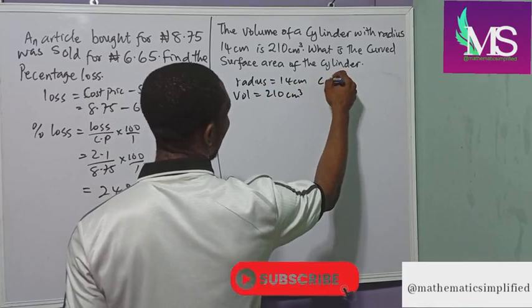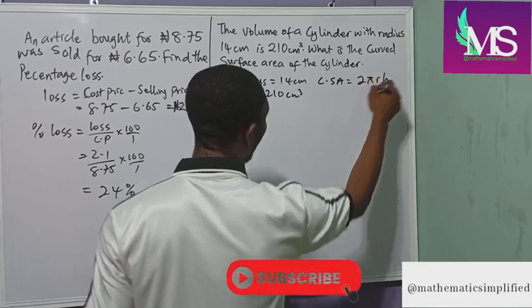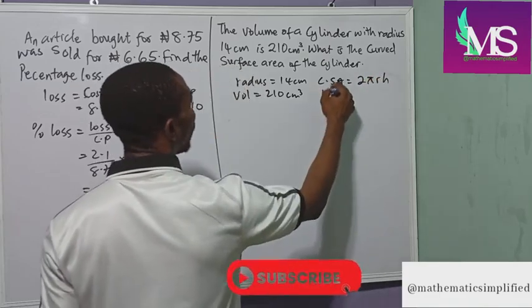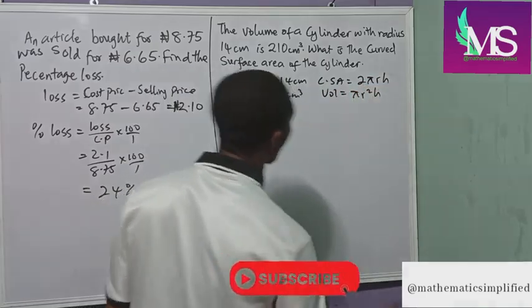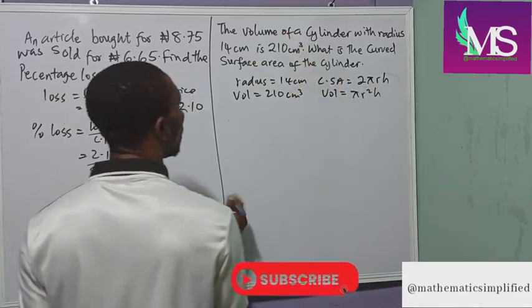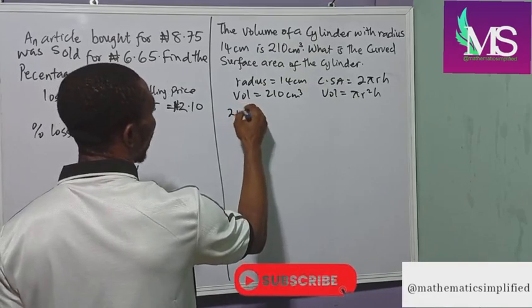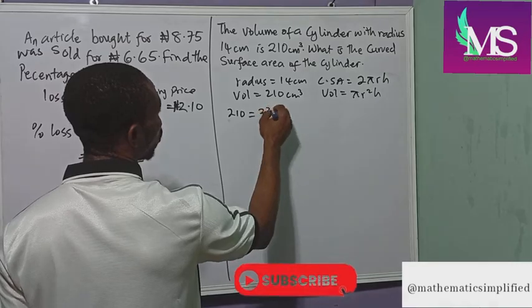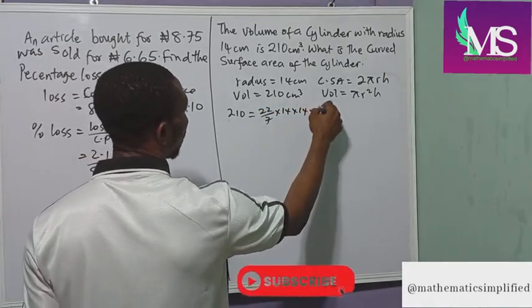We know that for CSA, curved surface area, we are using 2 pi rh. Alright, and for our volume, we know that volume is pi r squared h. So now, finding our h, our volume will become 210 equals 22 over 7 times 14 times 14 times h.